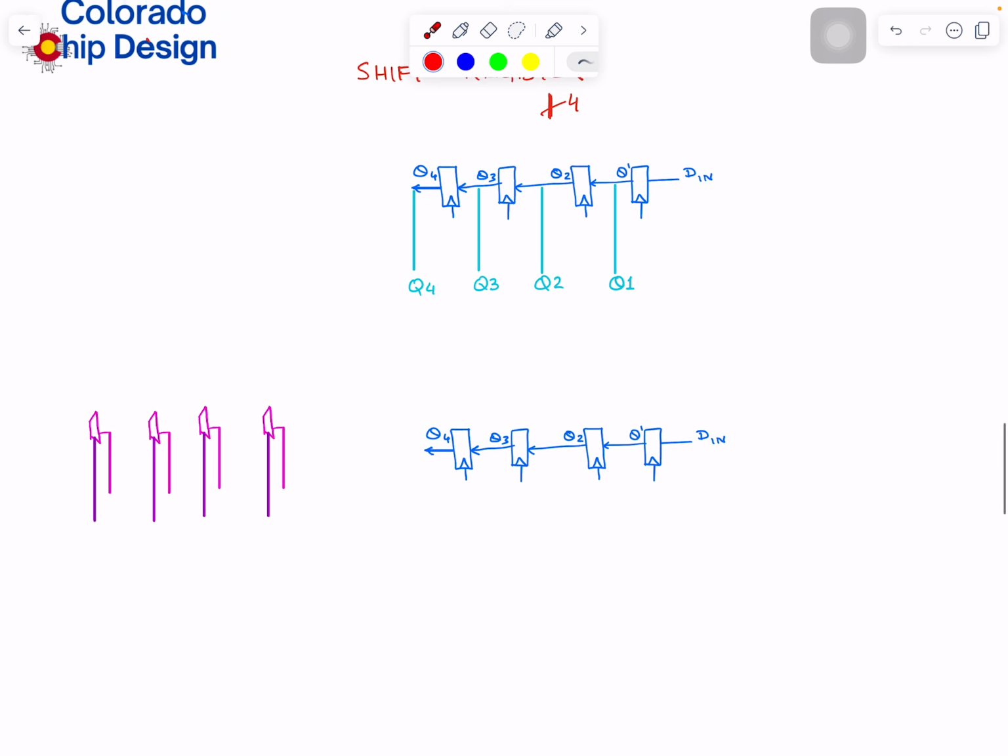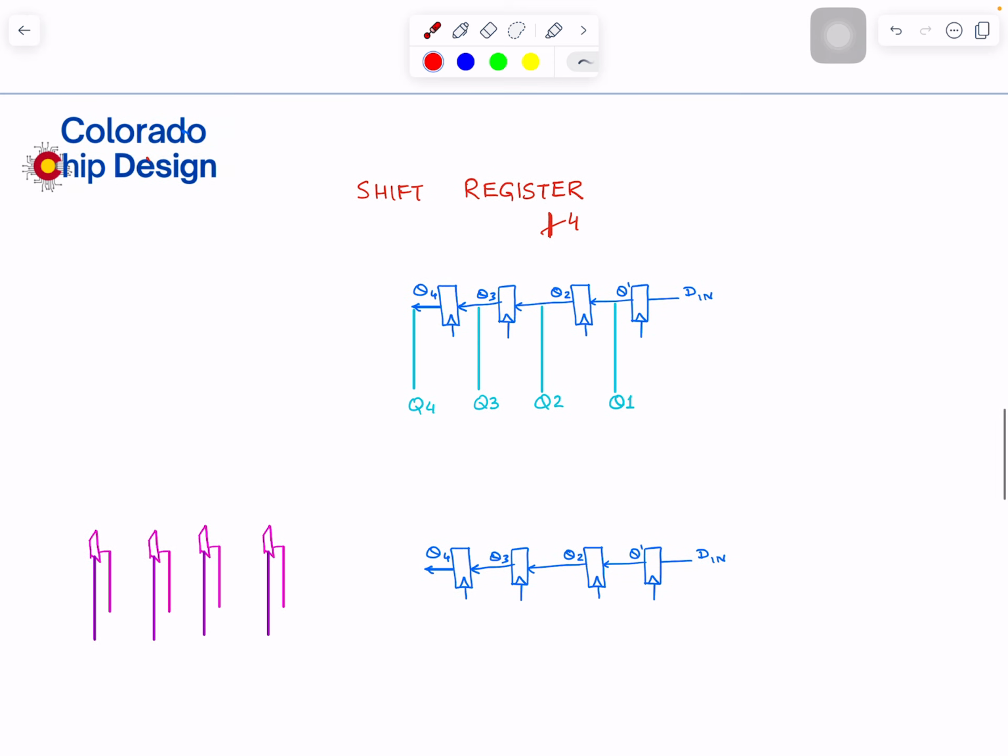This one is called serial to parallel. You're moving serially, but at some point of time you can take it out. This is a similar circuit, shifting the values from right to left on the rise edge of the clock. I'm not putting any reset here, but maybe there is, maybe there isn't.